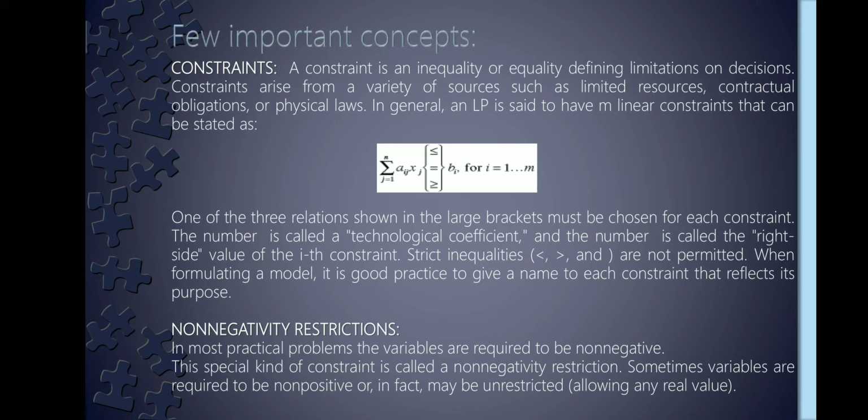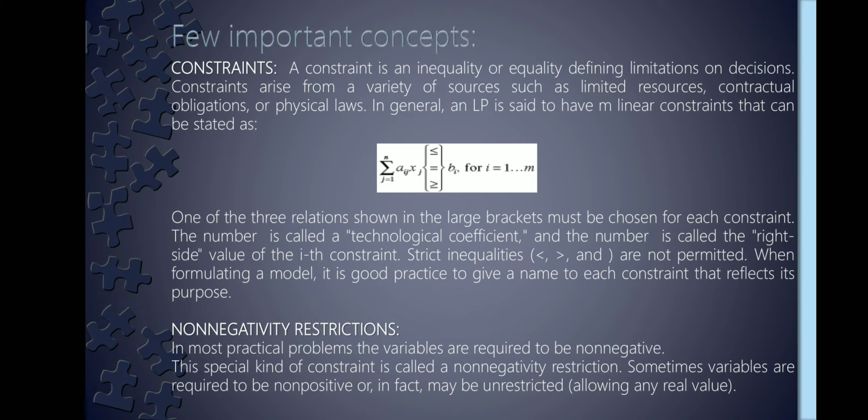In general, an LP, linear program, is said to have m linear constraints that can be stated as the sum of aij xj, less than or equal to, equal to, or greater than or equal to bi, for i equal to 1 to m.